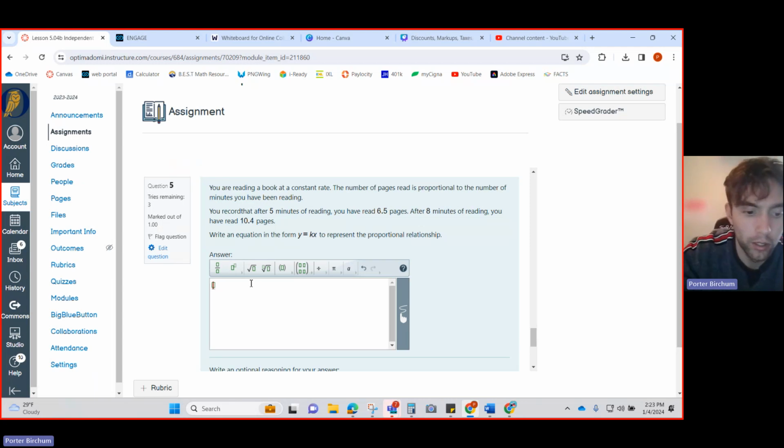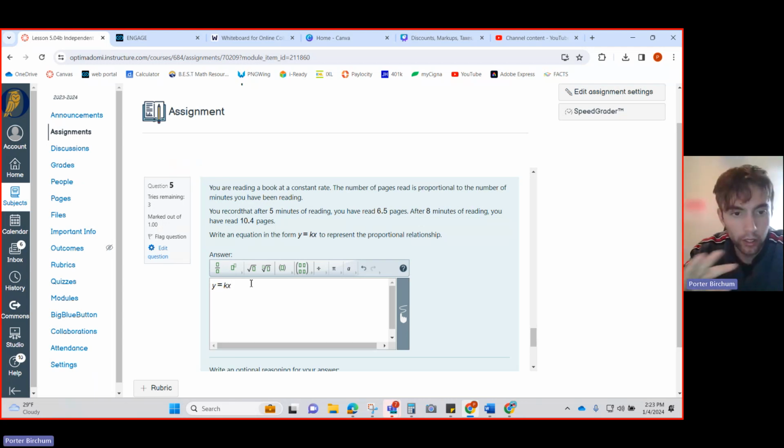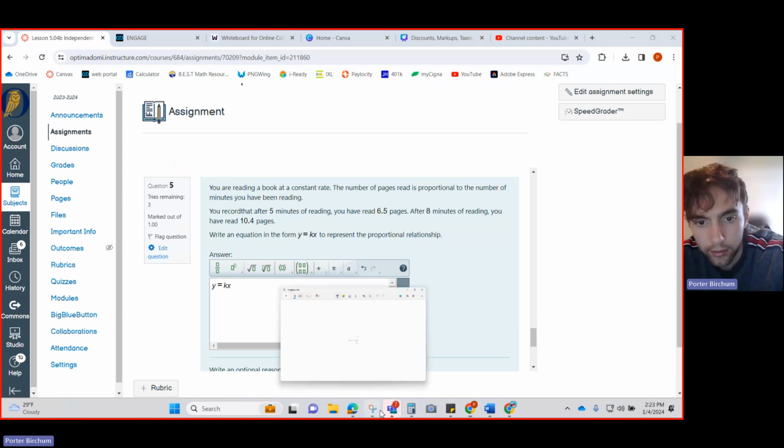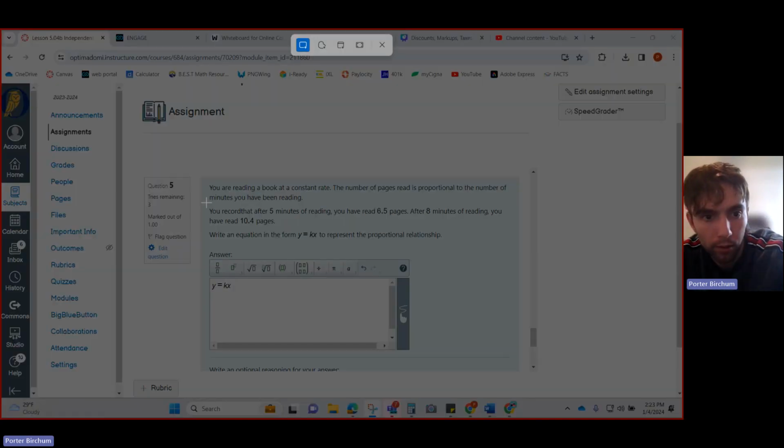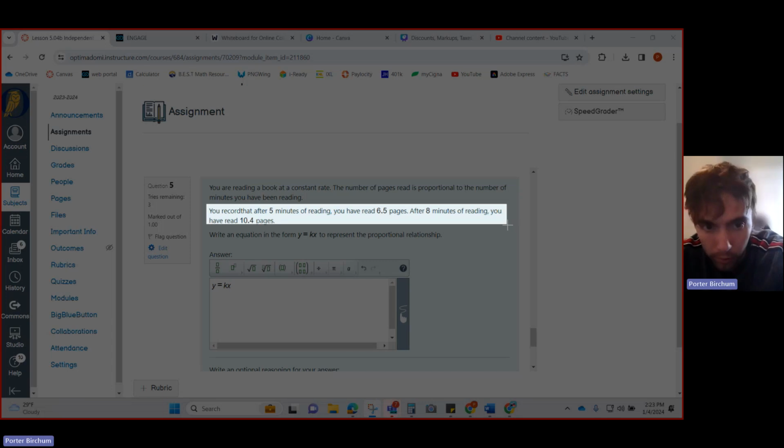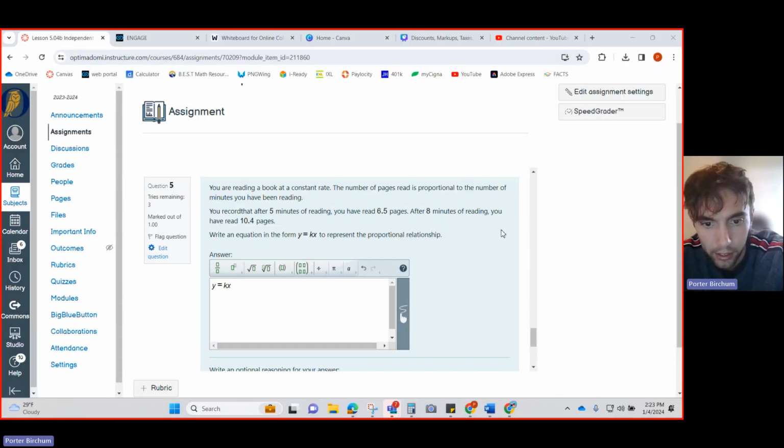So we have to write an equation in the form of y equals kx, but we are going to replace k with whatever we find the constant of proportionality to be. Let's take a screenshot of this problem so we can get scribbling, get mathing.